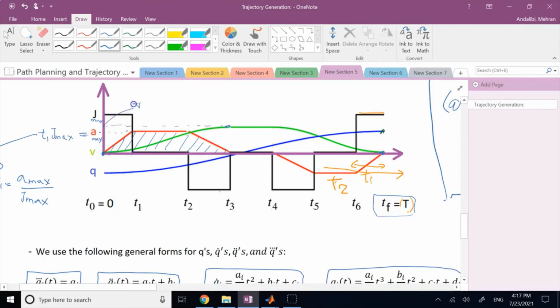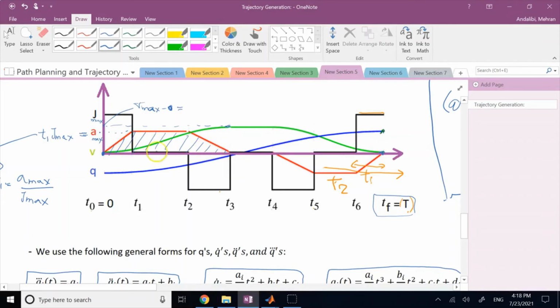Correct? So your speed changes from 0 to Vmax, and that's because of this profile trapezoid of acceleration. And you know the change in V, or delta V in general, which is Vmax minus 0, is equal to what? Integral of a dt. The integral of a dt means the area under the curve of a versus time. So it's the area of this trapezoid.